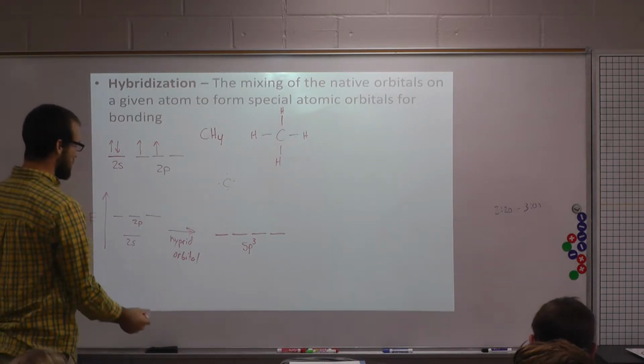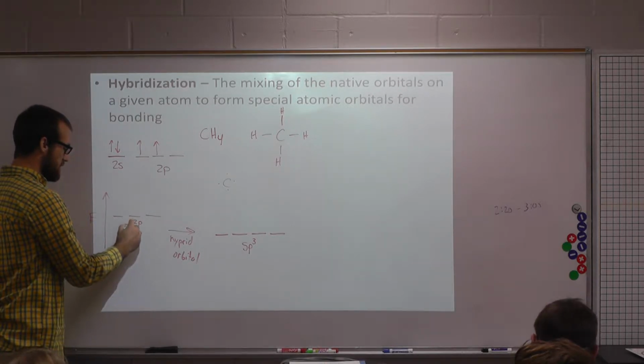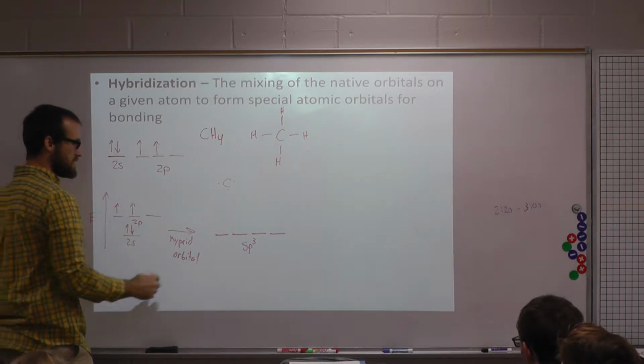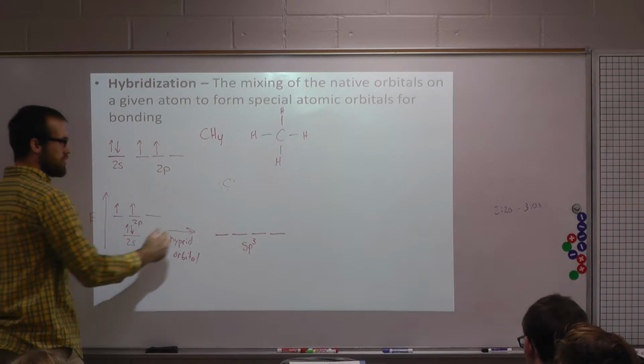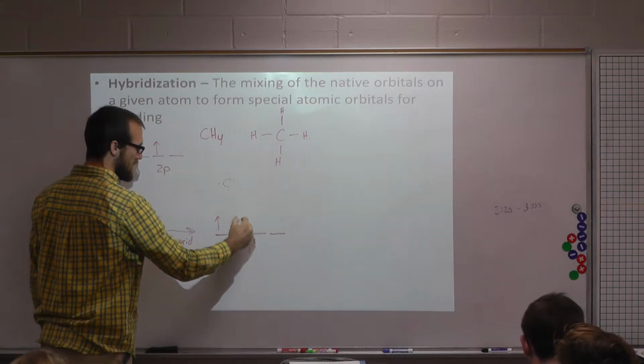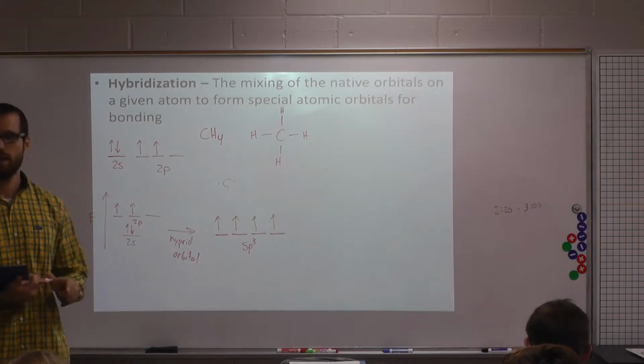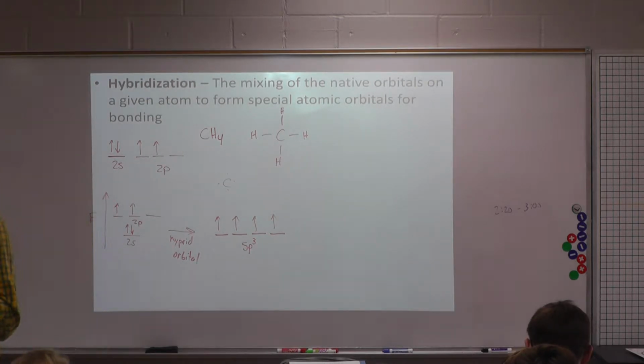Okay, so essentially what they say is they take 1 electron from the 2s, and form these new hybrid orbitals so that it looks like this, where you have 4 unpaired electrons, which allows for 4 bonding sites to appear.